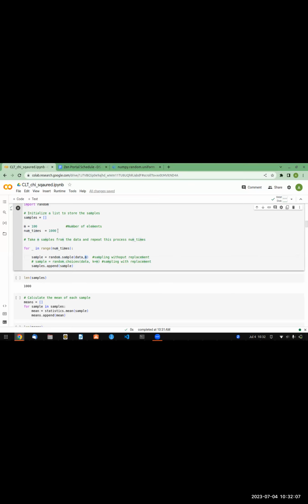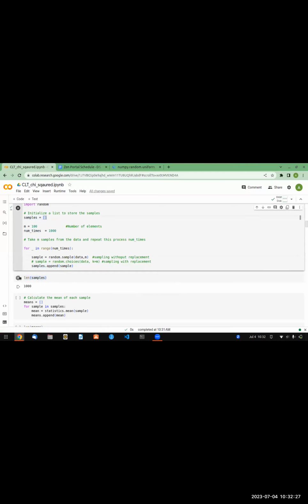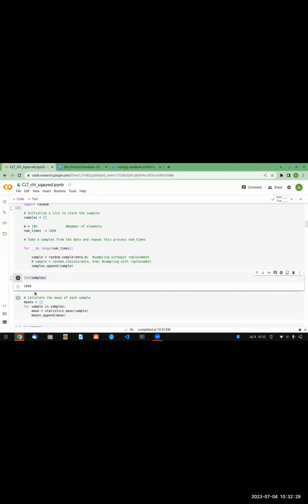And we are repeating this 1,000 times. A 100-element sample, but I'm doing it 1,000 times. I'm storing all the samples in this empty list with samples.append. Obviously, this list length will be 1,000 because 1,000 samples are inside this list. Let me run that again, 1,000.